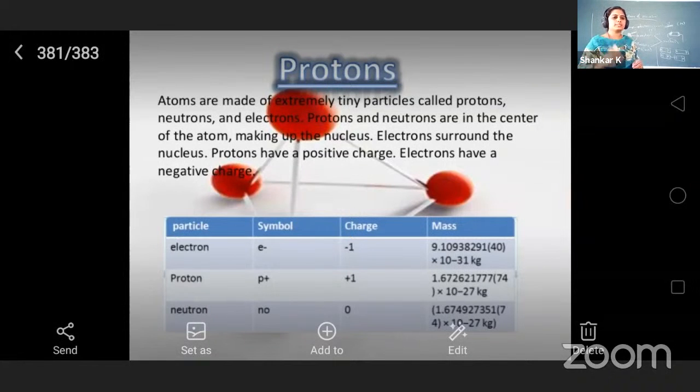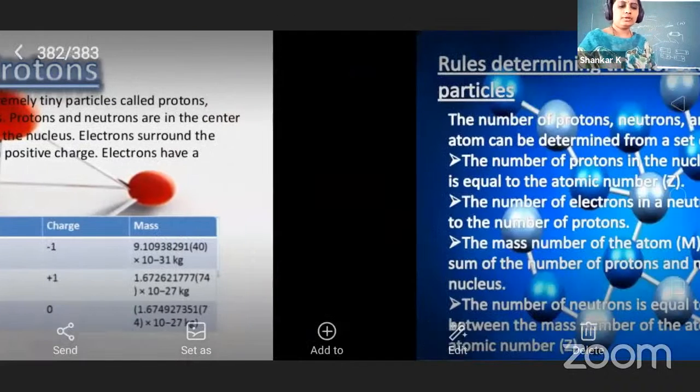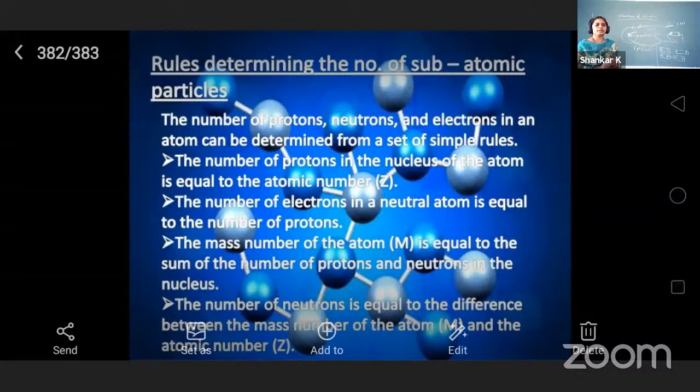The mass you can see: the mass of the electron is 9.109382 something. This is the mass of the electron, proton and neutron. Now we come to the rules for determining the number of subatomic particles. Subatomic particles are protons, neutrons and electrons.